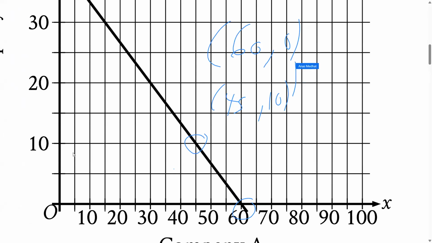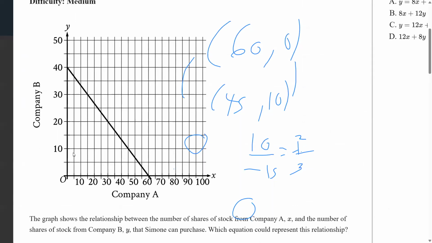This one minus this one is this. 10 over negative 5. Negative 2 over 3. Okay, negative 2 over 3. And the intercept is 40. Negative 2 over 3x plus 40.